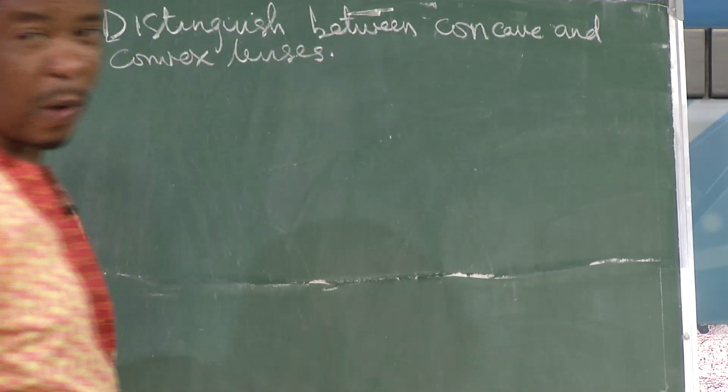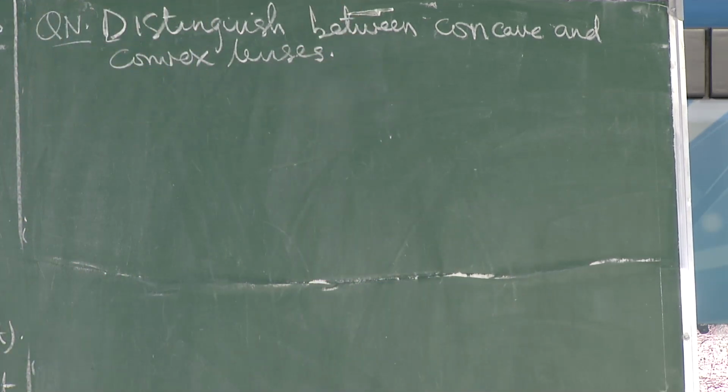In other words, they want you to compare the difference between a convex lens and a concave lens. If that question is asked from these two diagrams, one can say that a convex lens converges incident parallel light rays to one point, and a concave lens diverges incident parallel light rays.